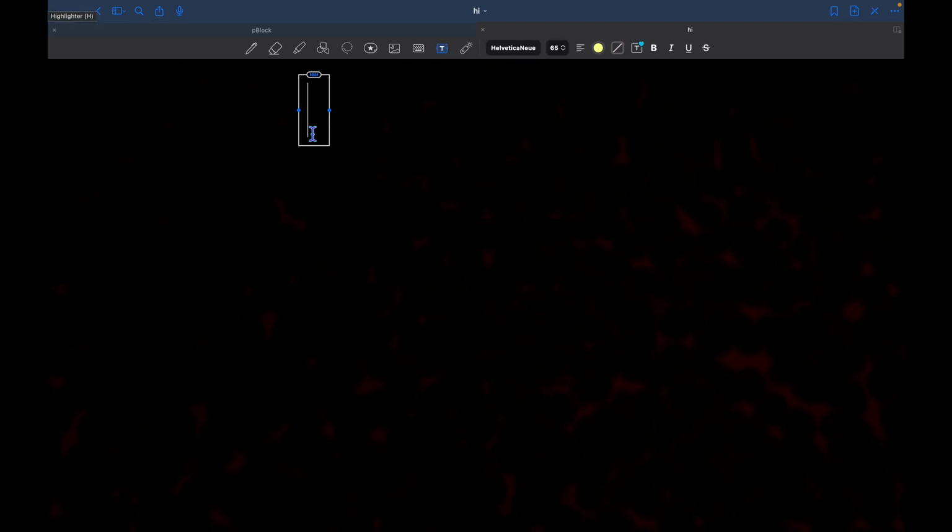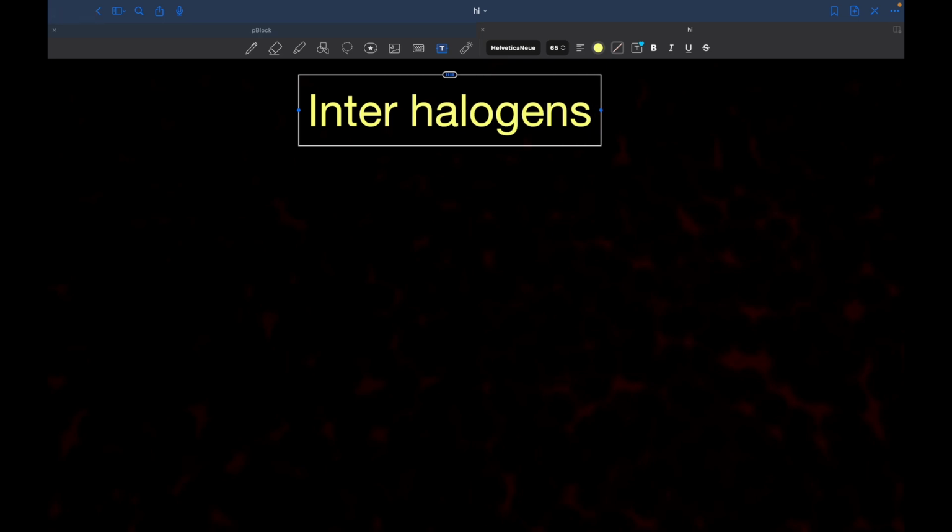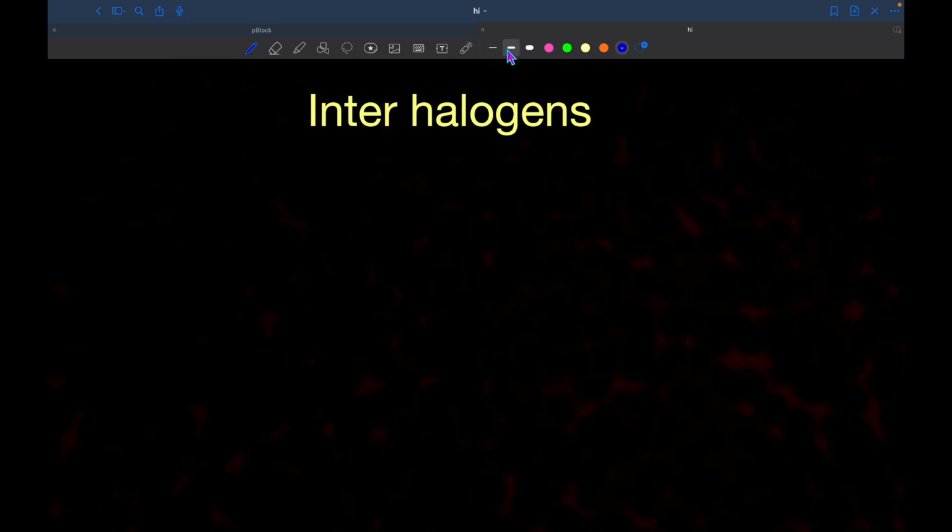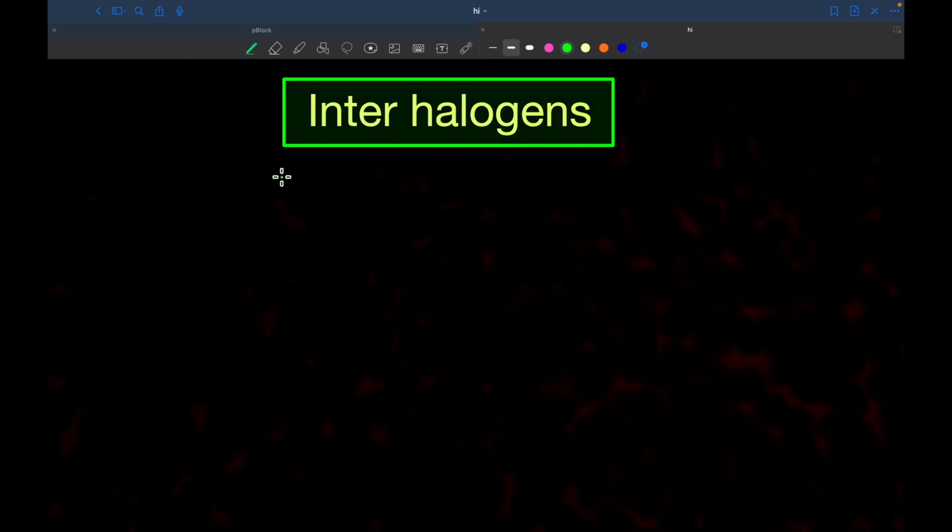Interhalogen compounds. Interhalogens. What is the meaning of interhalogens? Interhalogen means one halogen reacts with another halogen and forms a compound known as interhalogen. So in these interhalogens, halogens react with another halogen to form a compound.